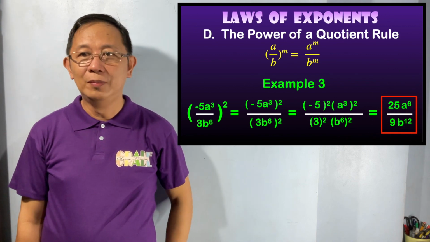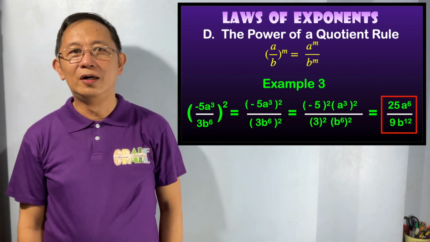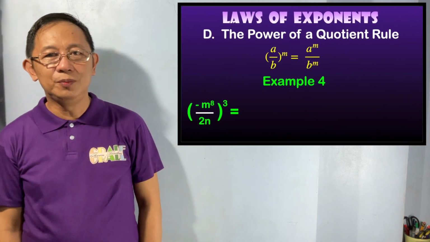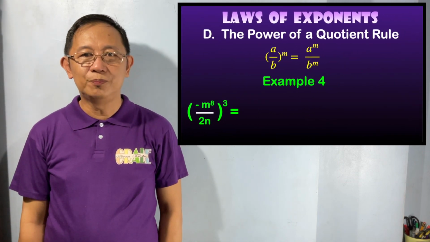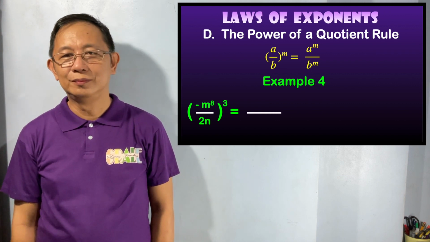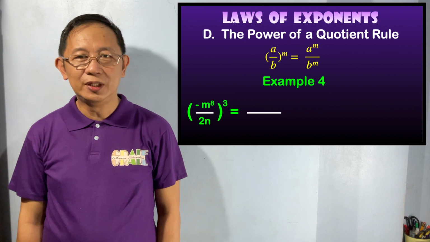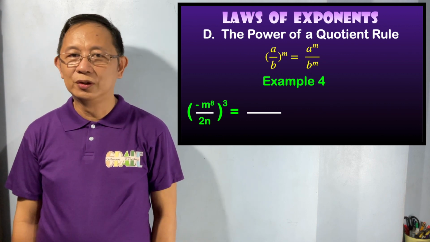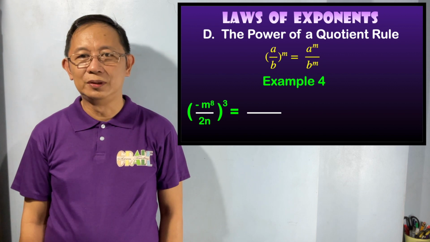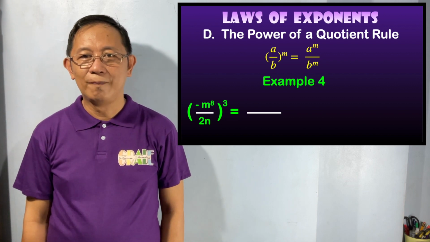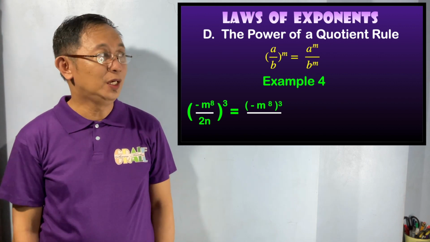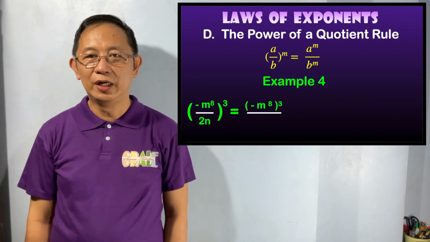Example number 4. Quantity negative m to the 8th power over 2n cubed. We will share 3 to the numerator, which is negative m to the 8th power. And we will share also 3 to the denominator, which is 2n.